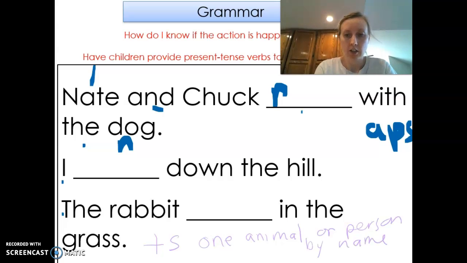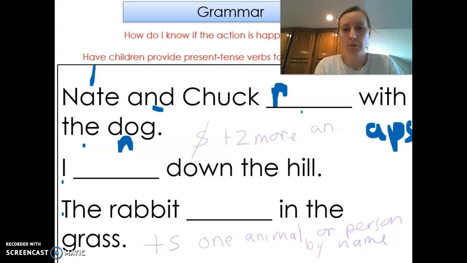Okay, so the cat sleeps, the dog jumps, Jane hops, Jane skips. Don't add an S, I'm going to put an X, when it's 2 or more animals or people, or if you say I or you.